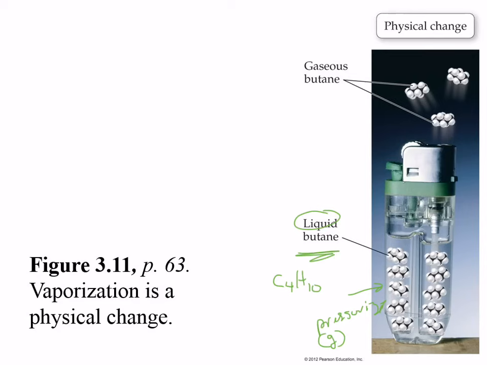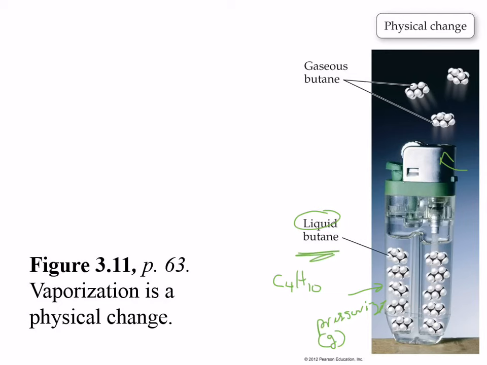So when you open the little vent thing, assuming you're just opening the vent and not striking the lighter, those little liquid particles are going to want to turn back into gas, which is what they want to be under normal pressures. So inside there is a lot of pressure.